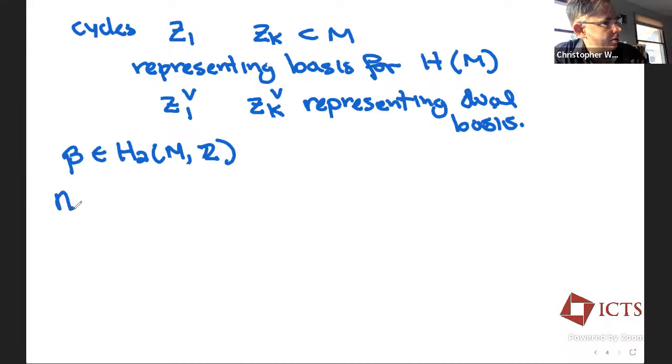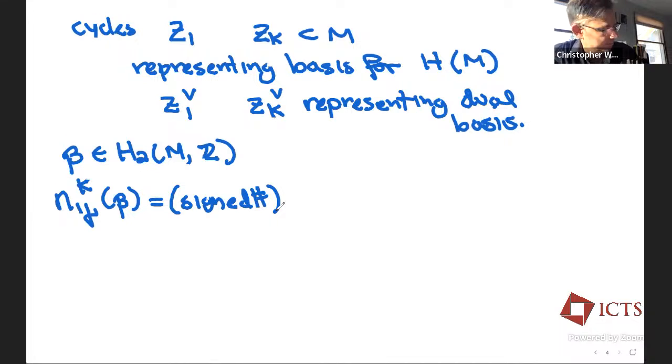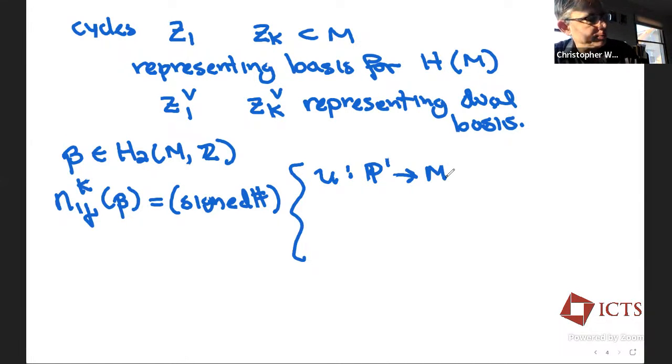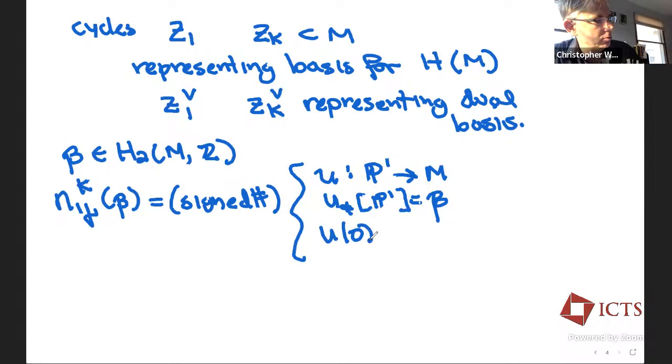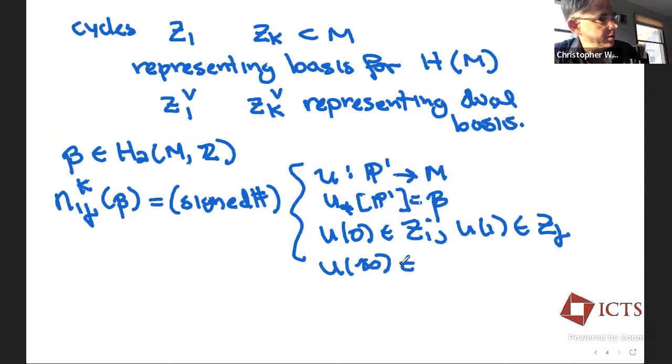And then I define the structure coefficients of the quantum product. This is a signed count of the number of maps from P1 to M of class beta, such that u of 0 is in Zi, u of 1 is in Zj, and u of infinity is in Zk dual.